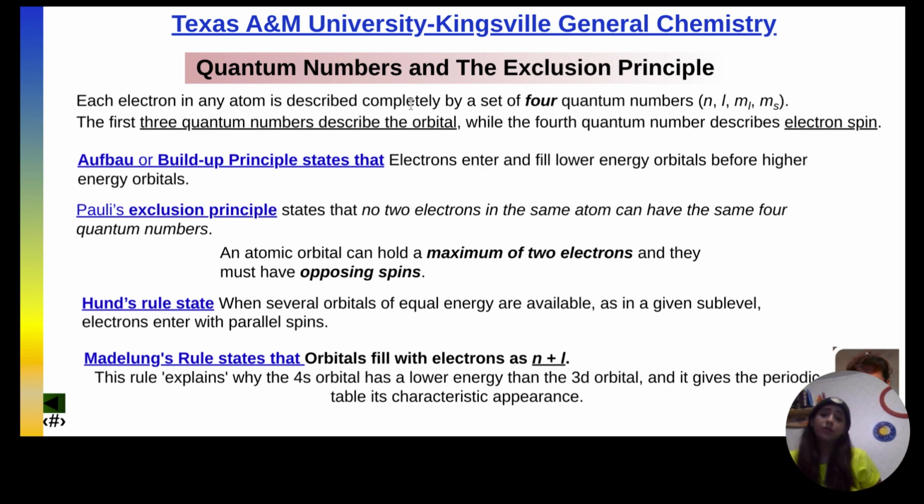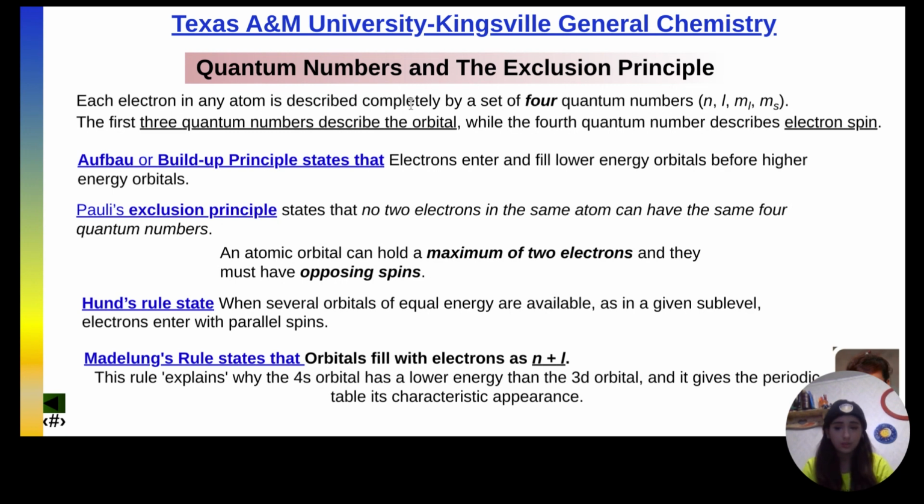These are our 4 quantum numbers that each electron in any atom can be described by. So the first 3 quantum numbers, n, l, ml, describe orbitals, while the 4th quantum number, ms, describes our electron spin.